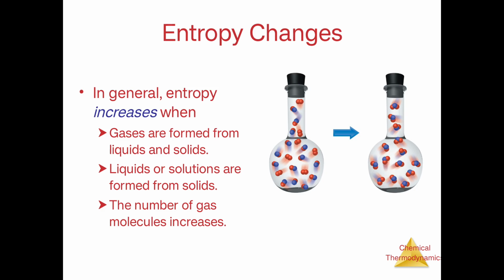Understand? When gases are formed from liquids and solids, as in dissolution or sublimation, a simple example is sublimation. In that case, entropy will increase. Okay, the next thing is liquids or solutions formed from solids.